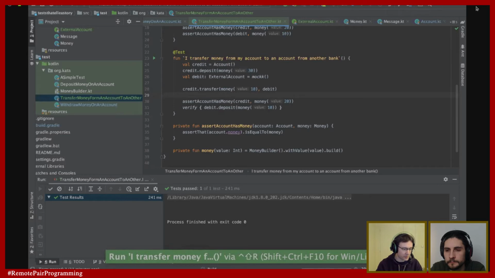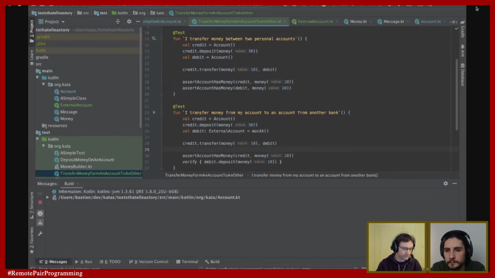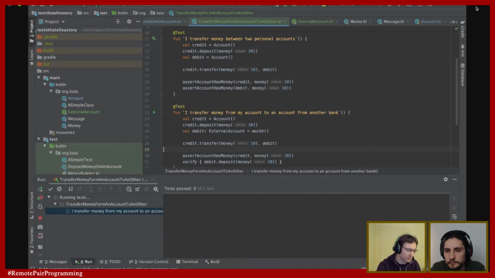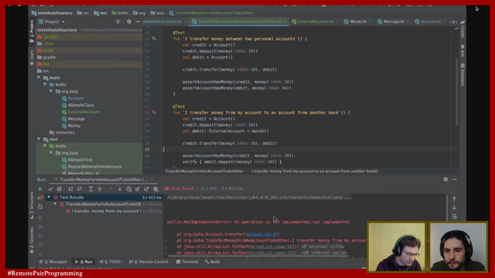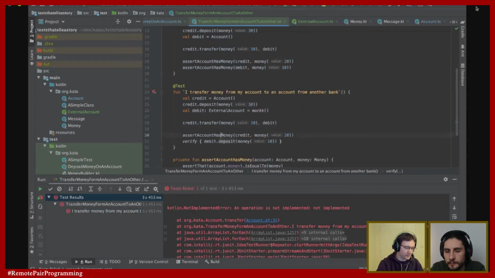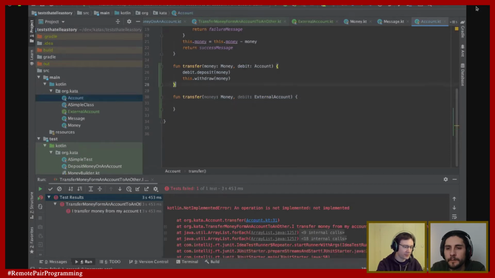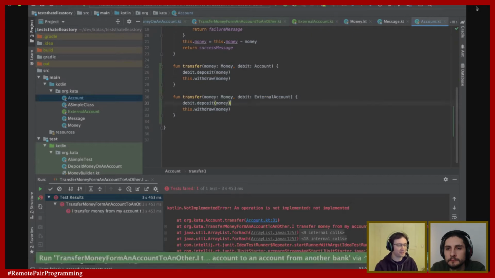So we can run the test, it should fail. And then we should implement it. Okay. So let's just, I'm copy pasting so that we really see that we are duplicating code.